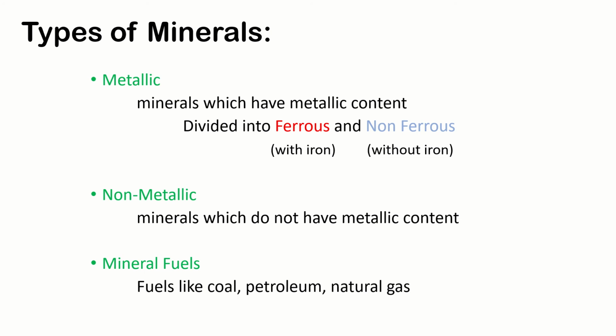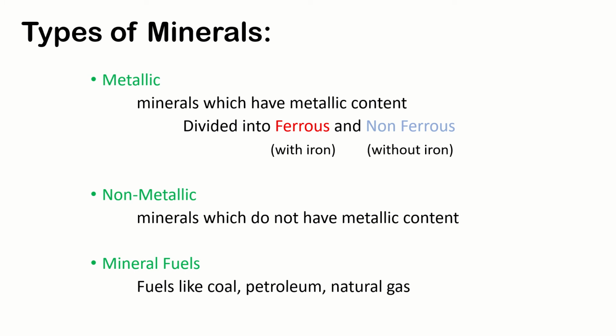The chemical name of iron is ferrum. So if a mineral has iron in it, it's called ferrous, and if it does not have iron, it's called non-ferrous. On the other hand, we have the non-metallic minerals which do not have metal in them.